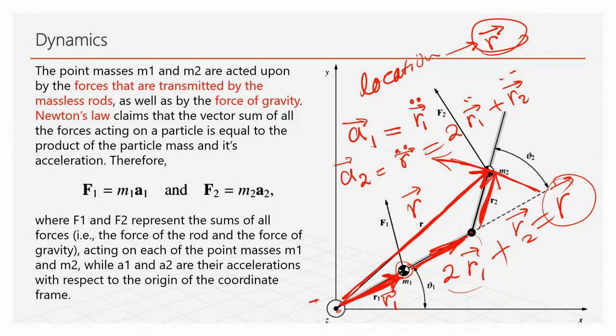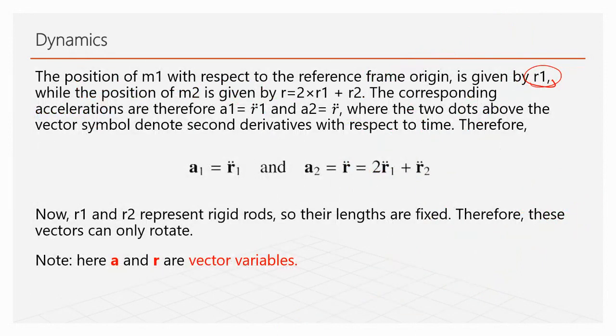This one is fixed, not moving. But you can find the movement of the first joint, then the second joint versus the first joint, and the mass versus the second joint. That's why you see two vectors here. R1 and R2 all contribute to the acceleration of mass 2.